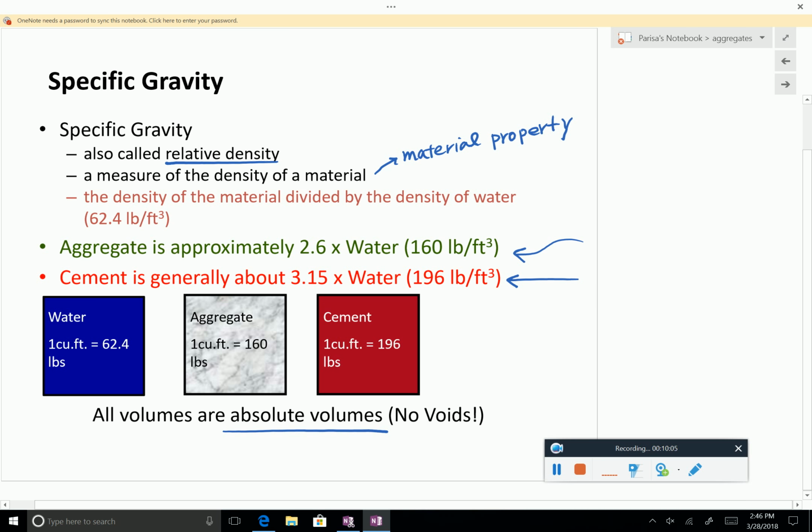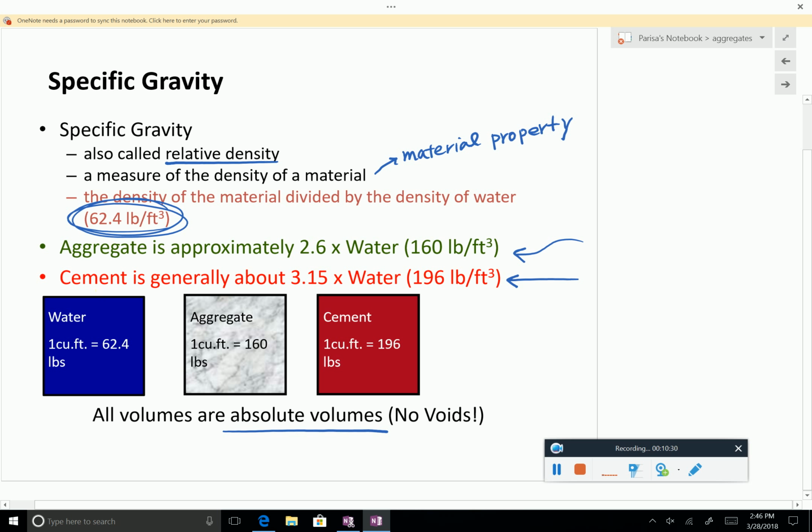So specific gravity is sometimes called relative density. It's a material property. And just so that you don't forget, we divide it by the density of water. Aggregates' specific gravity is typically about 2.5 to 3.